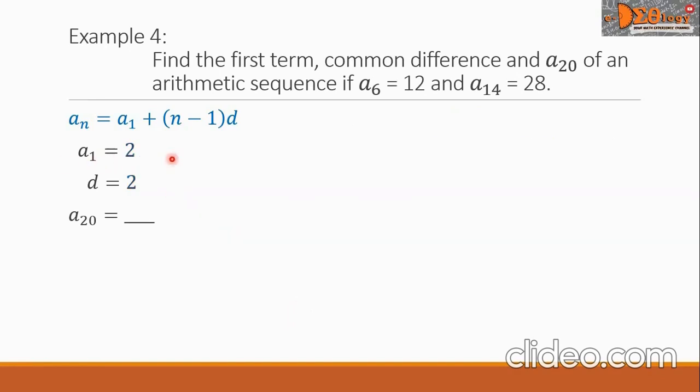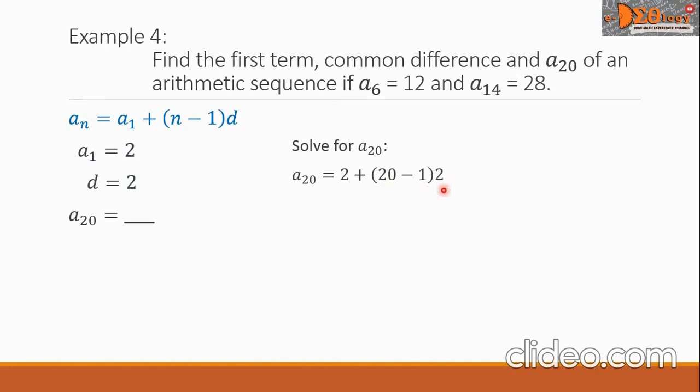So we are now ready to solve for a sub 20. Using our general term formula, a sub 20 equals 2, that is the first term, plus the quantity 20 minus 1 times d, which is also 2.